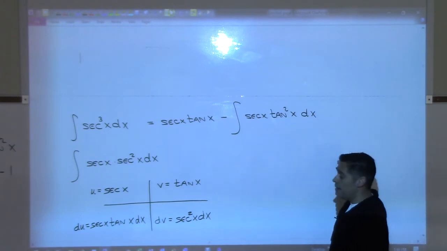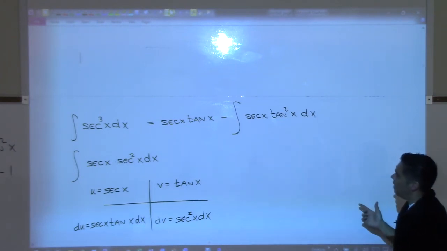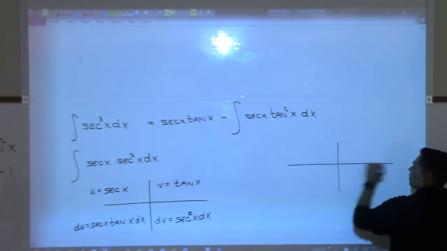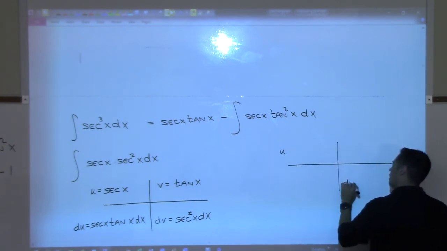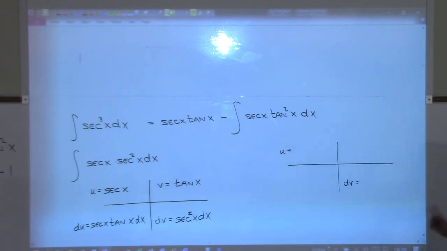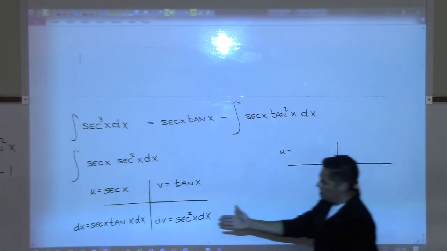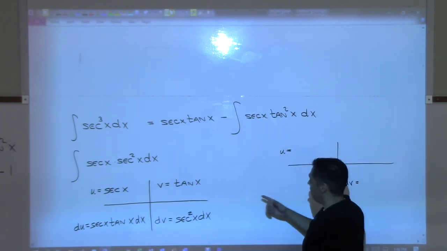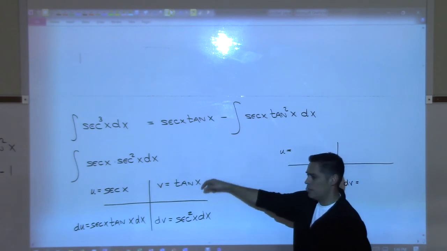Like do parts again? Yes, sir. Okay, so if you did parts again, maybe it'll go. What would you choose for your u and your dv? And the thing you want to be careful with is you don't want to do the opposite of what you did here. So you don't want to choose your u to be tangent, because that'll take you back.